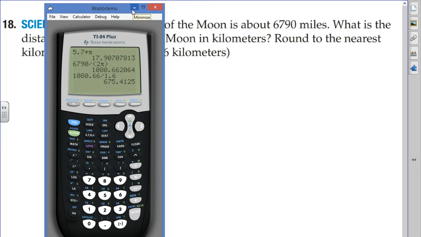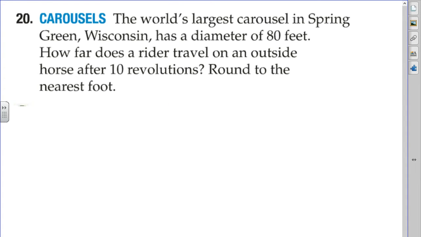Derp. I need to multiply by 1.6. Ugh, silly Mr. Moyer. 1080.66 times 1.6, which is 1729.056. So 1729 kilometers.